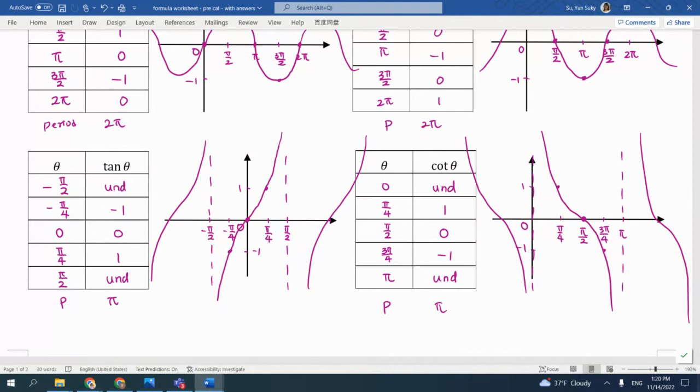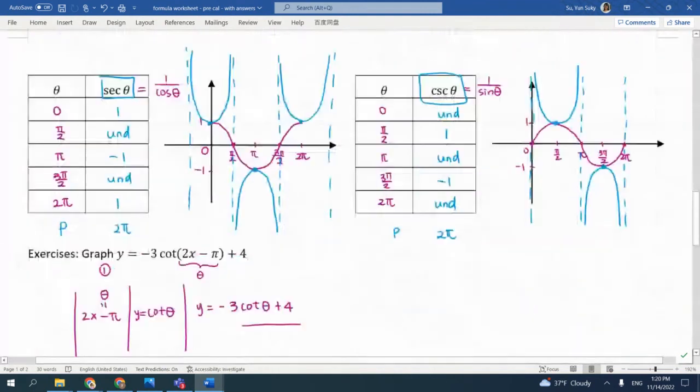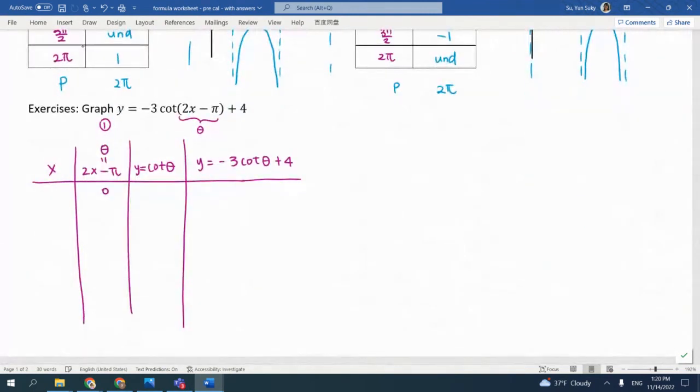These are the 5 key points you need. Our cotangent values are, what are your cotangent values? At 0, you get undefined, and then 1, 0, -1, and undefined. Very good.